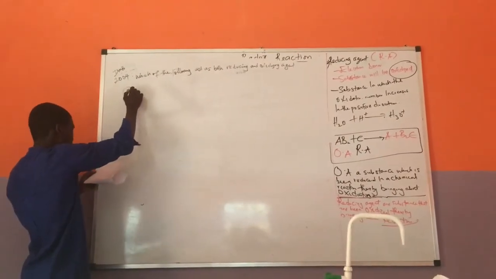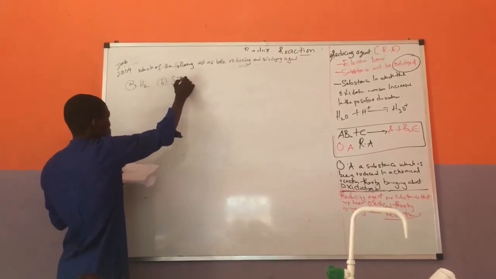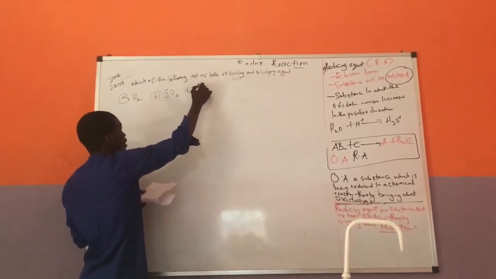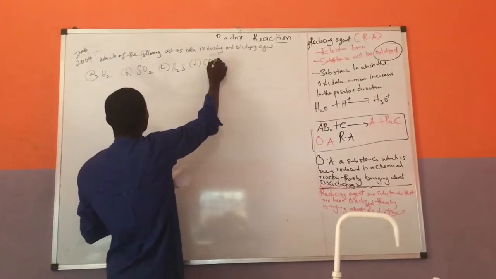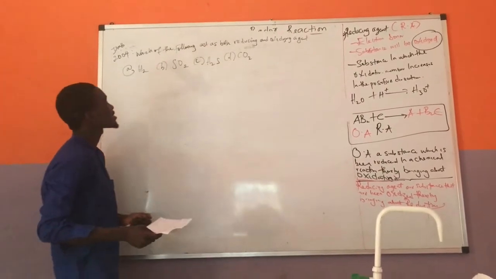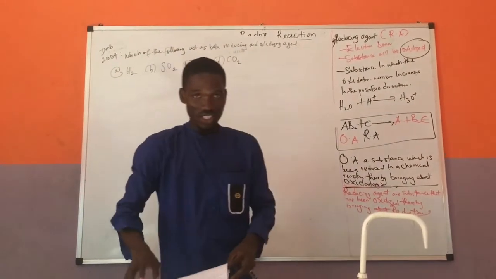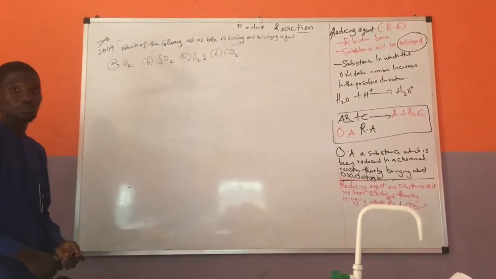So A, we have hydrogen gas. B, we have SO2. C, we have hydrogen sulfide. D, we have CO2. So they ask which of the following acts as both reducing and oxidizing agents?